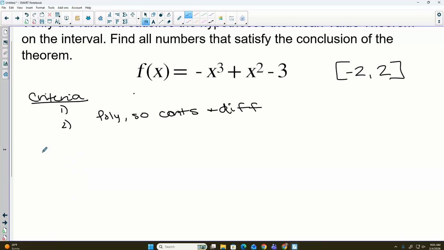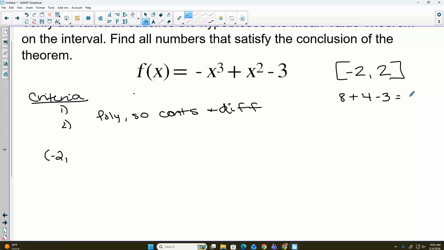Find the slope. So if I put in negative 2, okay, negative 2 cubed is negative 8. The opposite of negative 8 is 8. Negative 2 squared is 4, minus 3.